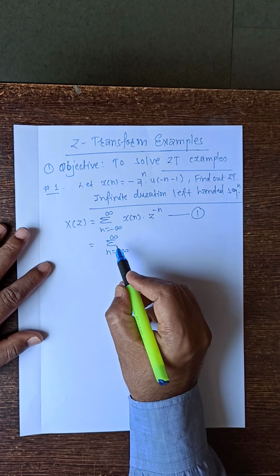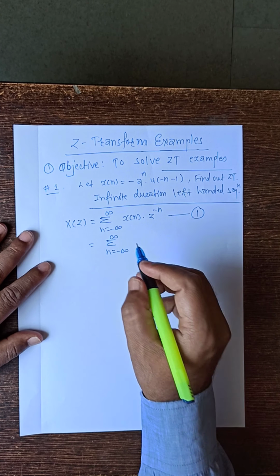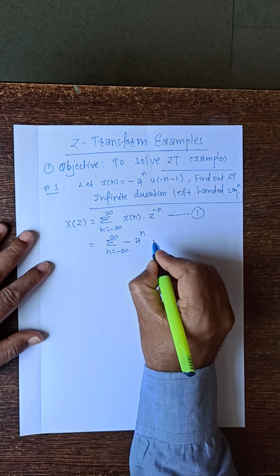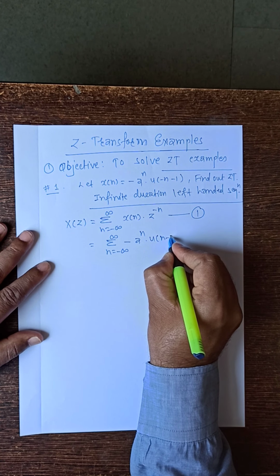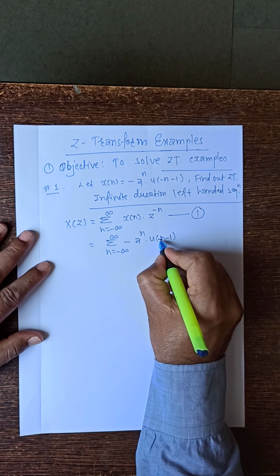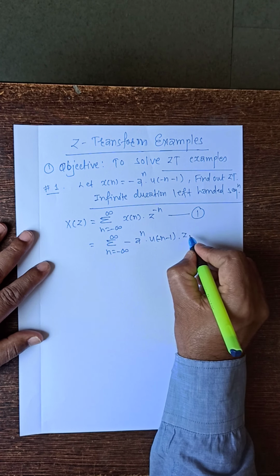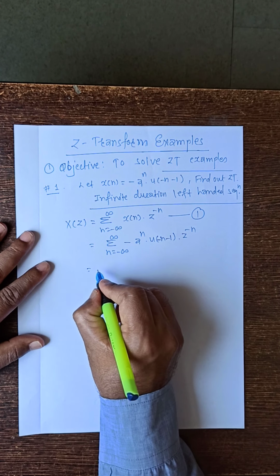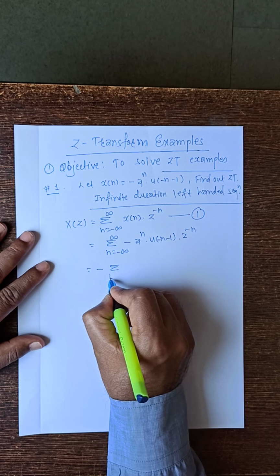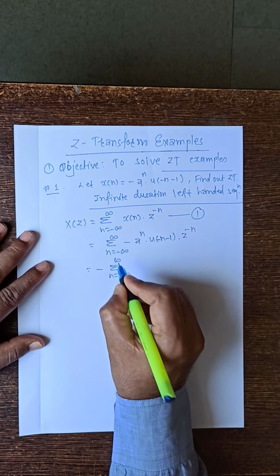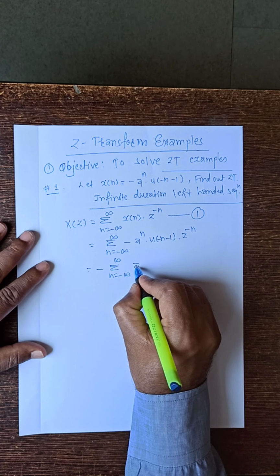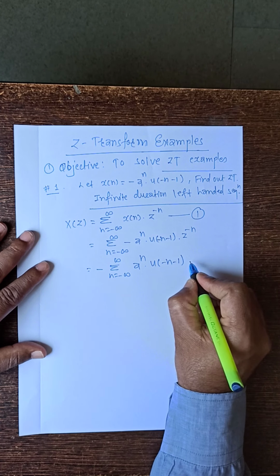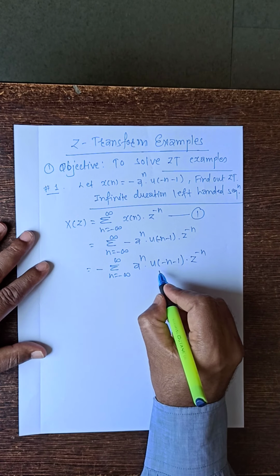Now put x of n equals minus a raised to n into u of minus n minus 1, into z raised to minus n. Take this minus sign outside. So minus summation n equals minus infinity to plus infinity a raised to n into u of minus n minus 1 into z raised to minus n.